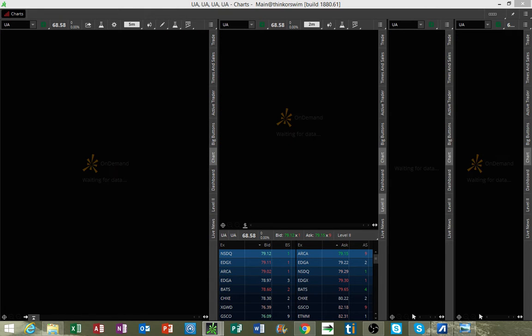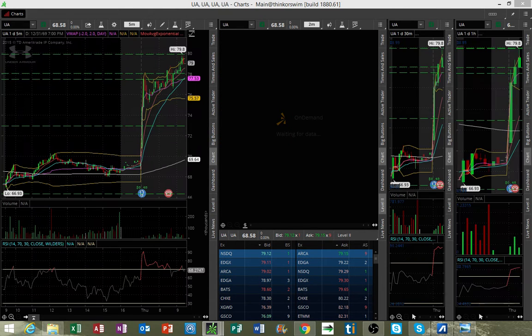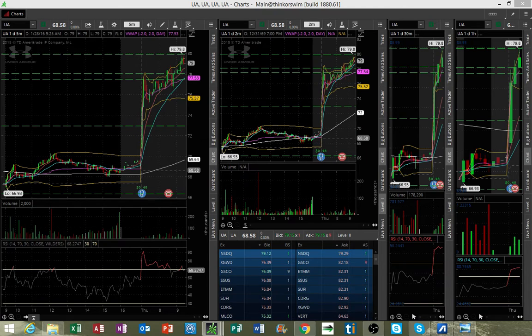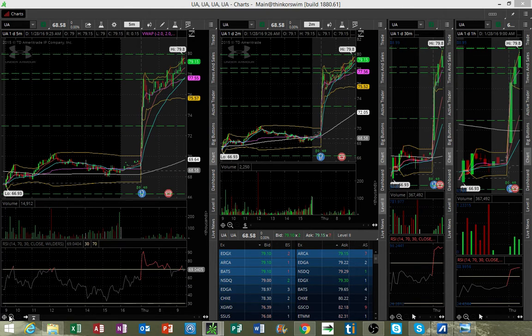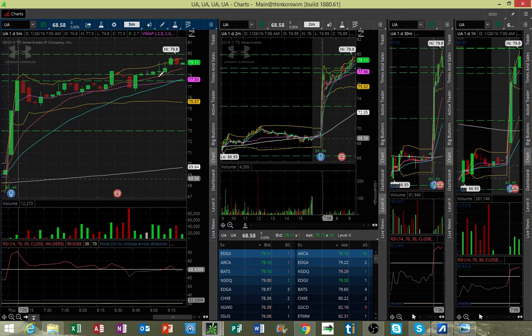So let's see if we can jump to open here real quick. Nah, it's not going to let me go. So this is what I'm looking at prior to open. This is the price action that I'm looking at.